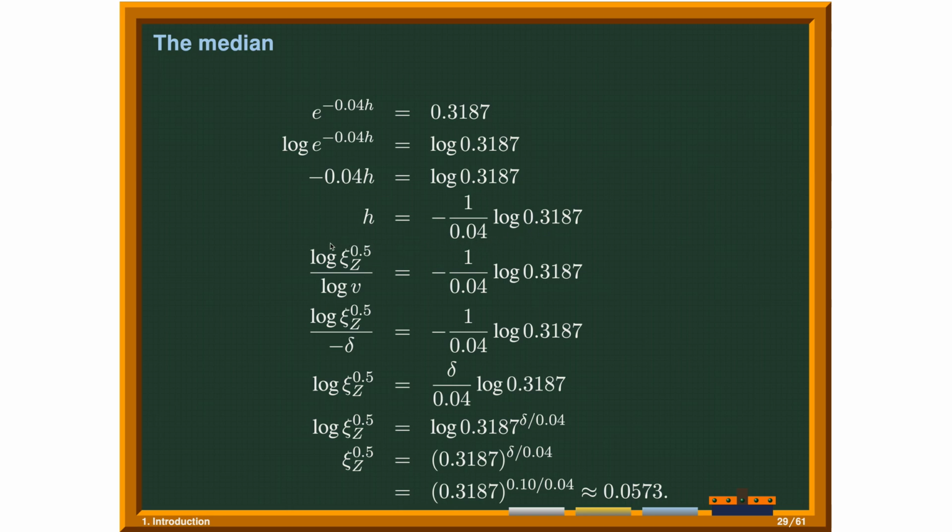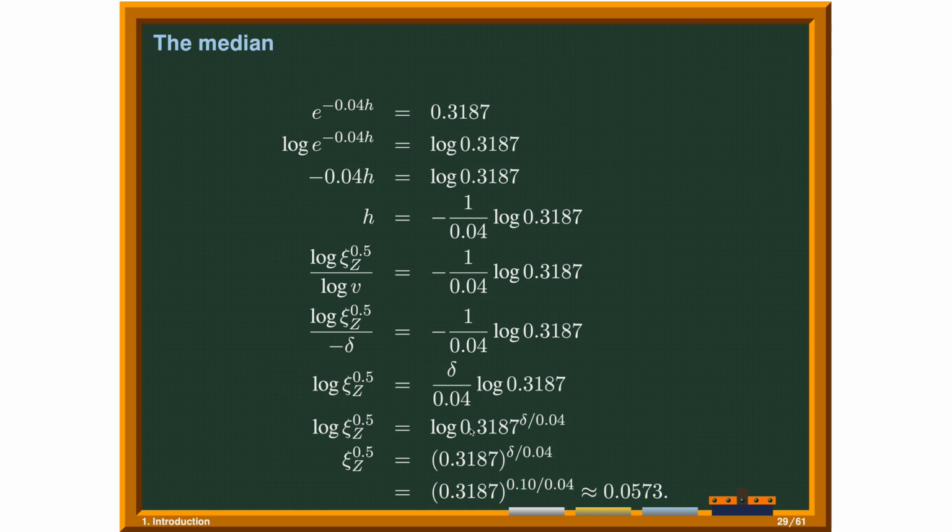But then we said that h is equal to log of the median all over the log of v. But then we know that the log of v is actually negative delta. So then we get log of the median is equal to delta all over 0.04 times log of 0.3187. And using properties of log, the right side can be written this way.